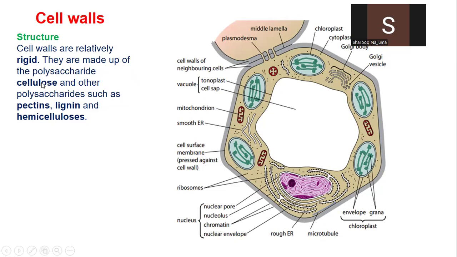It's a really very strong molecule that is able to provide strength to any structure where it is found. So it provides strength to the cell wall, and as a result, the cell wall can provide protection to the inner parts, and it can provide support and determine the shape of a plant cell. That's why plant cells have a definite shape, because of the cell wall containing cellulose.